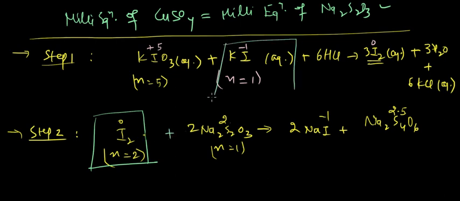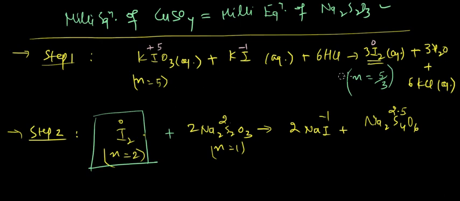Hence we cannot equate them. So what would be the n factor here? The n factor here would be 5/3. This is not the correct n factor for KI, and we don't need to know the n factor of KI.